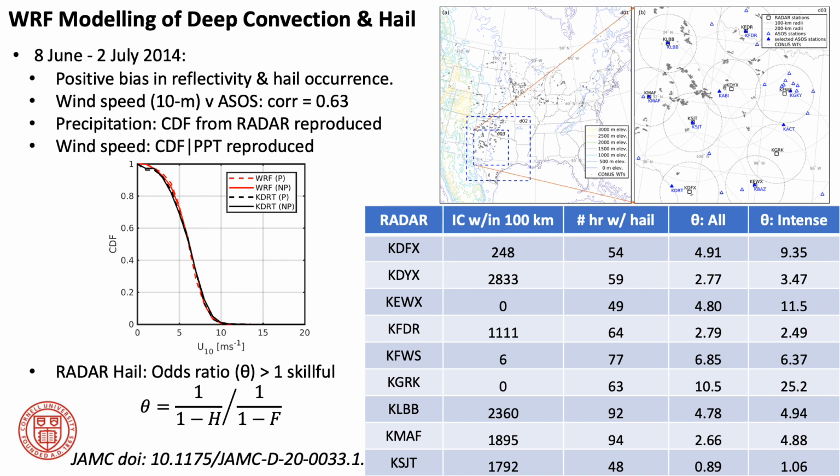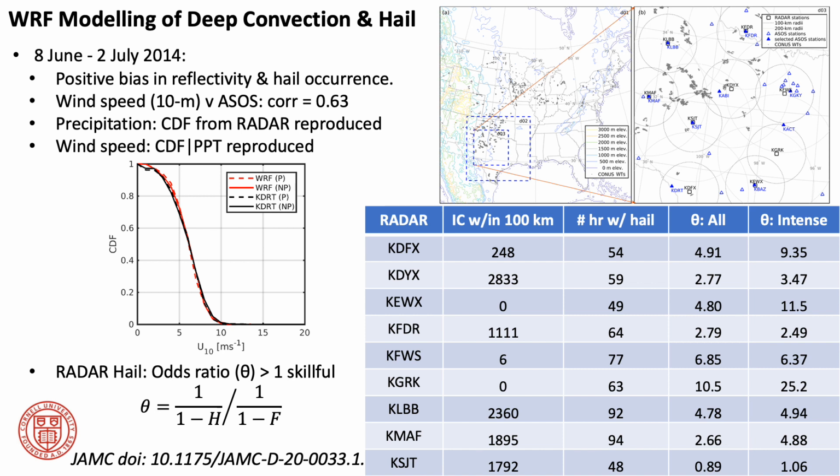We see good agreement for wind speeds at 10 meters relative to point observations using sonic anemometers at ASOS stations. The correlation is about 0.63, which is consistent with previous analyses and with obviously subgrid scale variability.